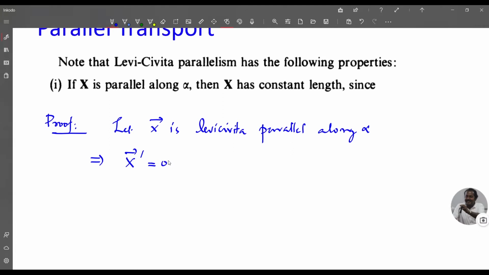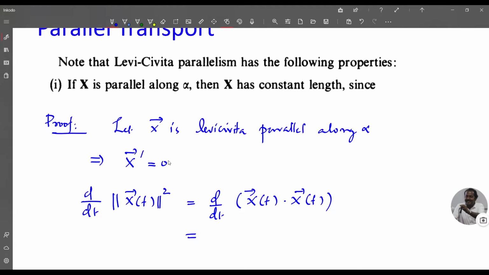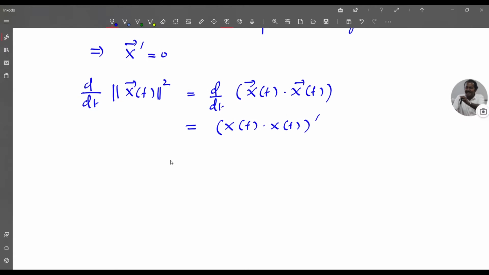Now we are going to show that it has constant length. You consider d/dt of norm of X(t) squared. So this is d/dt of X(t) dot X(t). So this is equal to (X(t) dot X(t))', which is equal to X'(t) dot X(t) plus X(t) dot X'(t).